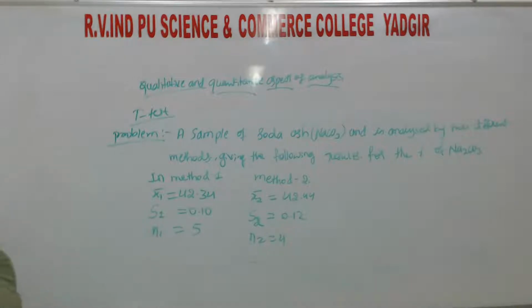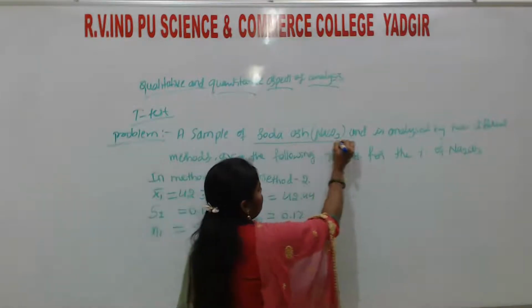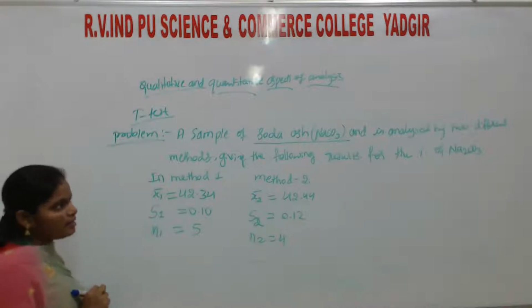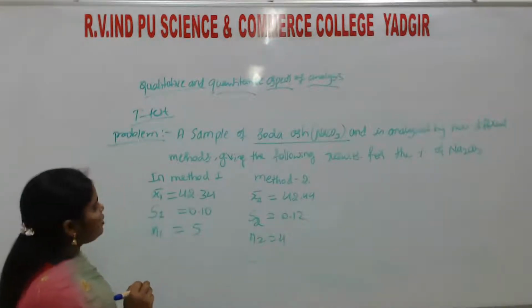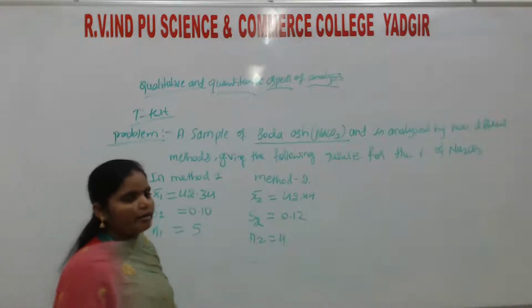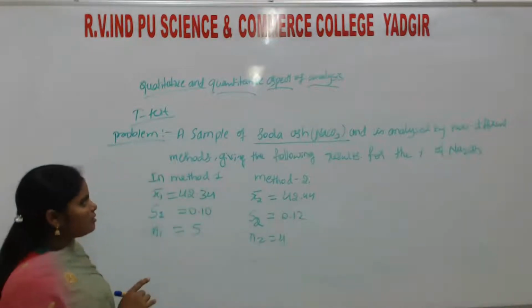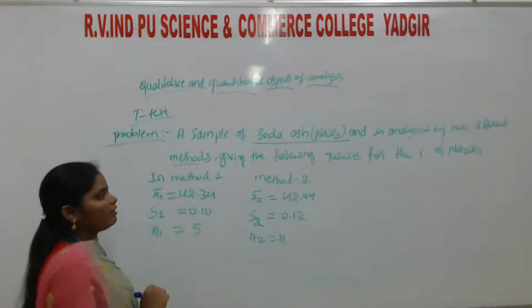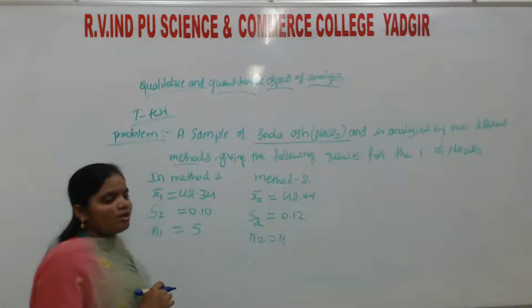A sample of soda ash, sodium carbonate, is taken up. The sample is analyzed by two different methods. You take a soda ash sample and do the analysis by two methods, giving the following results for the percentage of sodium carbonate.